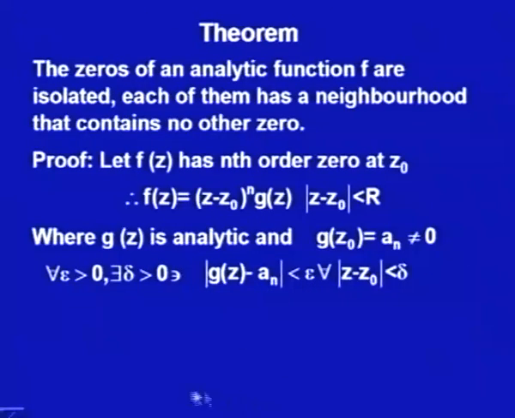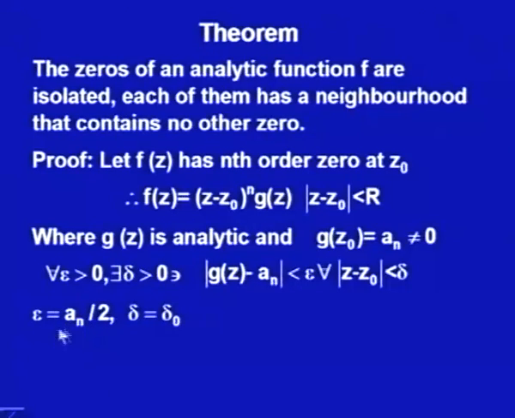Now, choose this epsilon as a n by 2, and suppose for that epsilon the delta is delta naught. What we are saying is, the definition says for every epsilon there does exist a delta. So I have chosen epsilon as a n by 2, so the delta would be delta naught. Here I should actually have chosen epsilon as mod of a n, because if a n is negative, epsilon we want as a positive quantity. So ideally it should have been mod of a n.